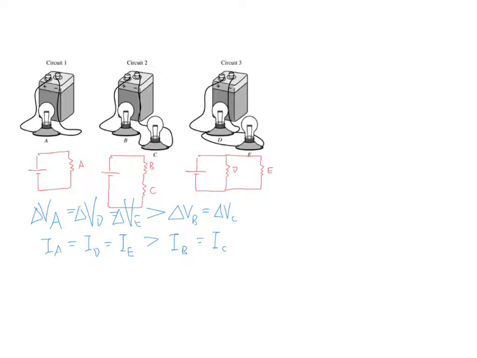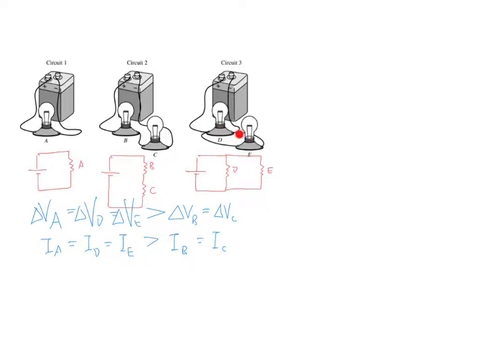Just to get a better intuitive feel for that, you can think of it like this. The first circuit, however much current comes out of the battery, all that current is going to flow through the light bulb and back to the battery. In the third circuit, there are resistors or light bulbs in parallel, which lowers the overall resistance of the circuit. Remember, in series, it increases the resistance, but in parallel, it decreases the resistance.